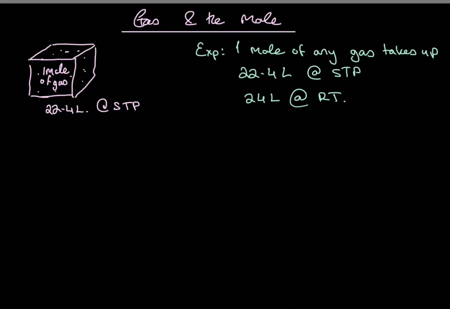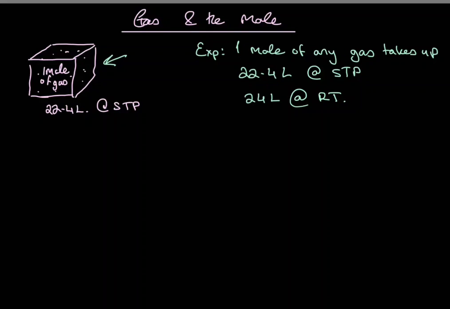Okay, so now we're going to look at the gas and how it relates to moles and how we measure things in chemistry. So an experiment was done, and it was shown that 1 mole of gas, which is 6 by 10 to the 23 molecules or atoms or particles, took up 22.4 litres of volume at standard temperature and pressure, or at room temperature, RT, it took up 24 litres.